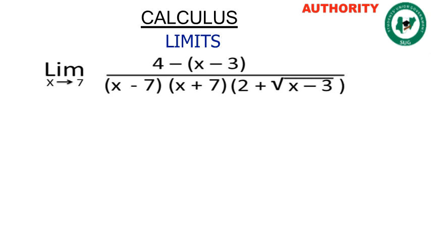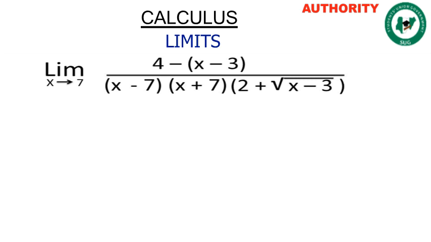We have 4, then minus times x gives you minus x, and minus times minus 3 gives you plus 3. So in our numerator we have 4 minus x plus 3, all over (x minus 7)(x plus 7)(2 plus the square root of x minus 3).